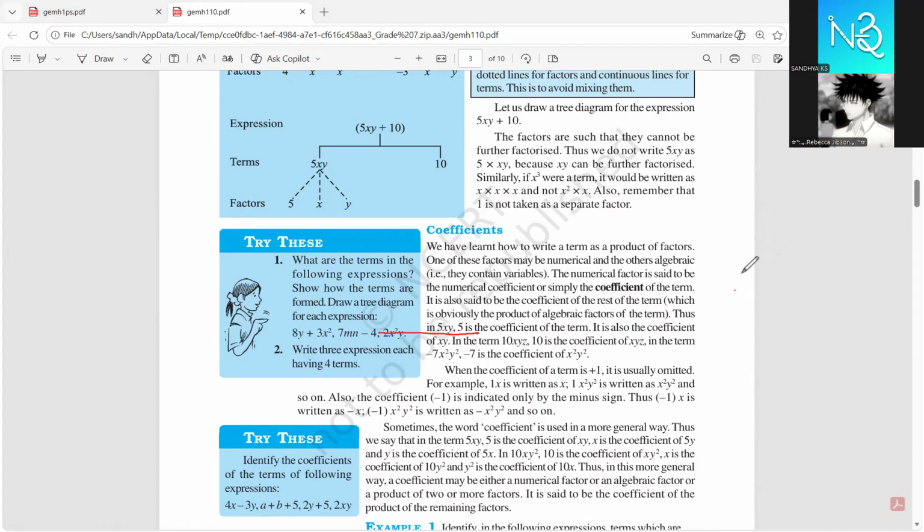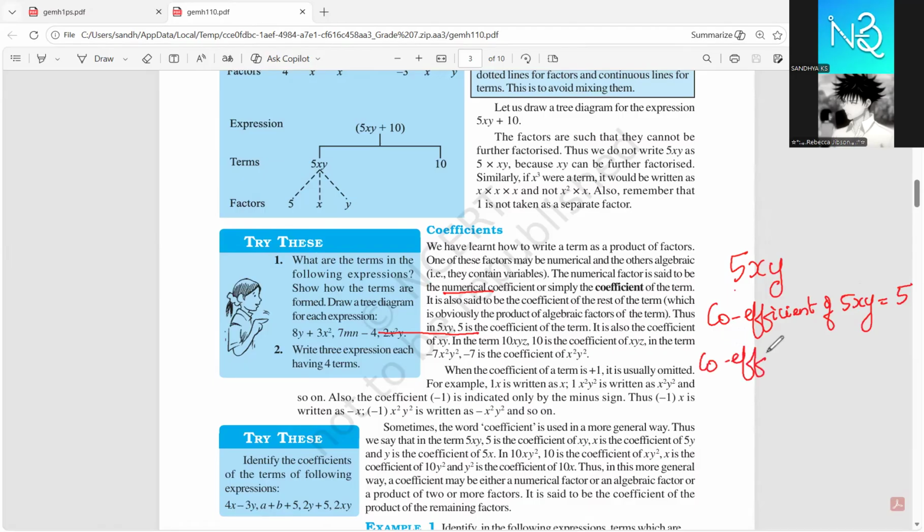For example, 5xy is our term. If I am asking just the coefficient of 5xy, then what will be my answer? 5. Even though I didn't specify numerical coefficient, if it asks for the coefficient of 5xy, it is 5. Clear?